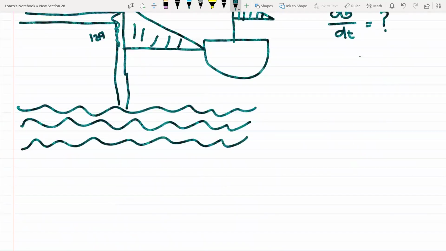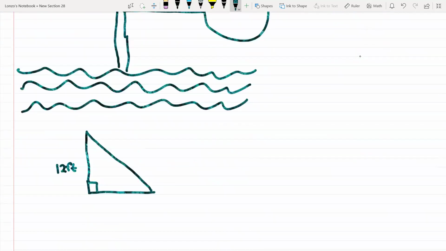So maybe we can draw that again. So this length here, this forms a right triangle. We know that this length is 12 feet, and we call this the rope.